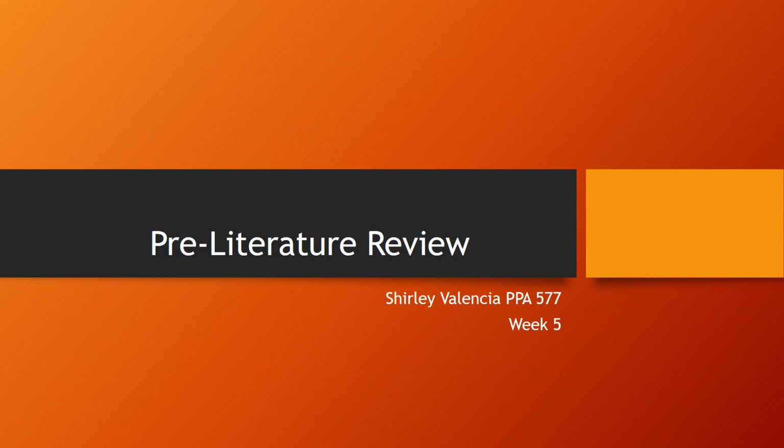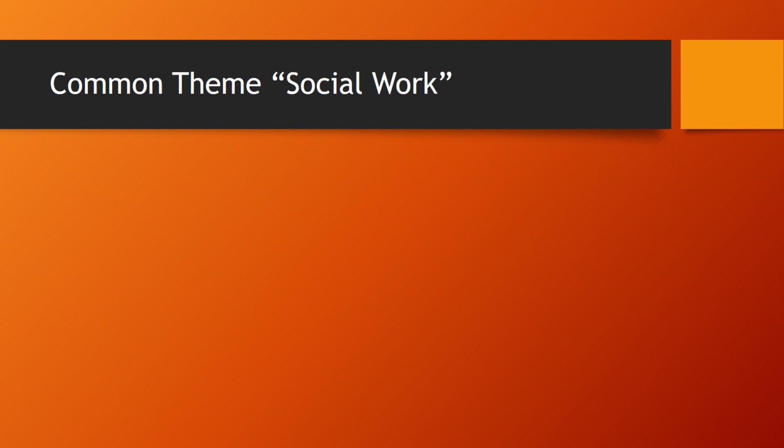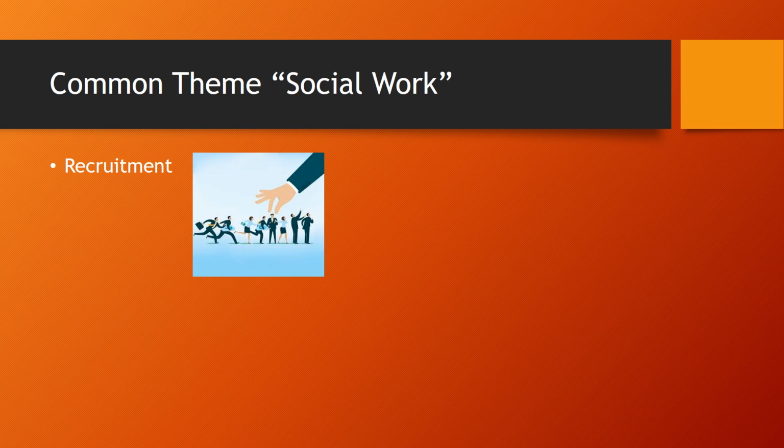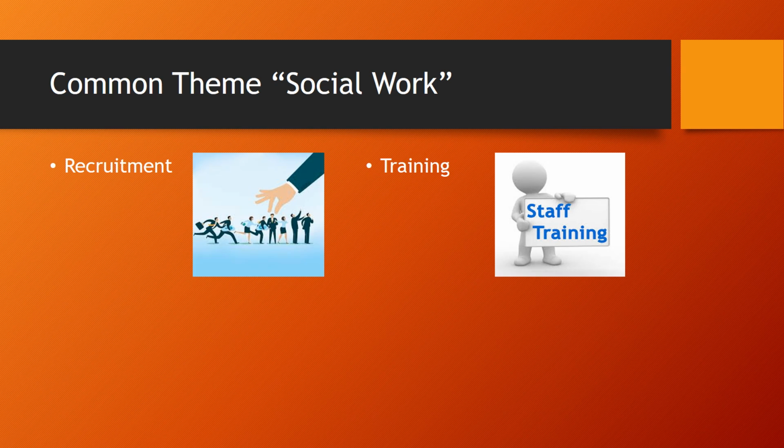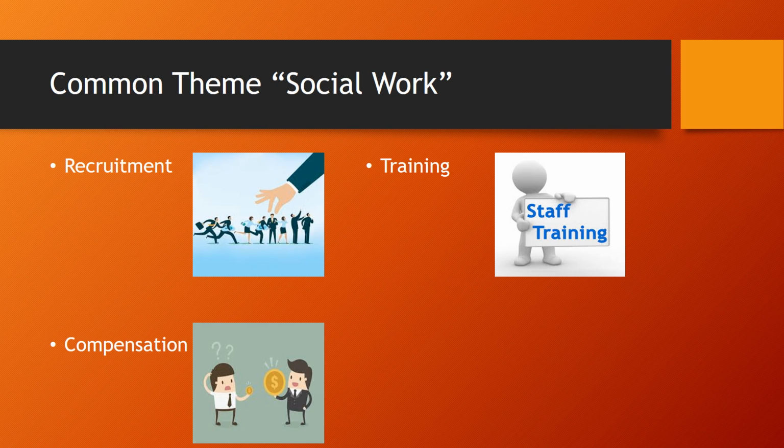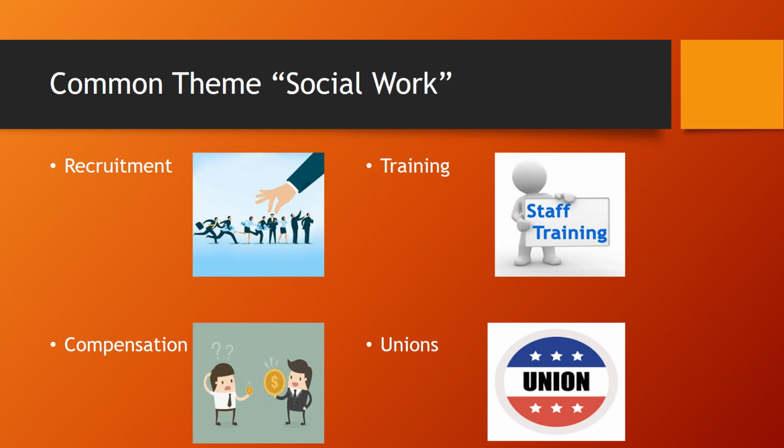So this week we're doing the pre-literature review, and the common theme that I will have for all my 4 articles would be related to social work. So I'll be talking about recruitment, training, compensation, and unions.